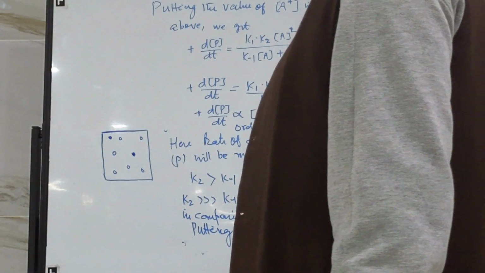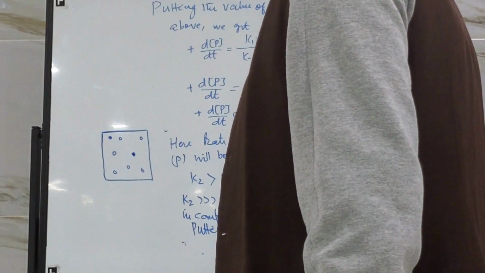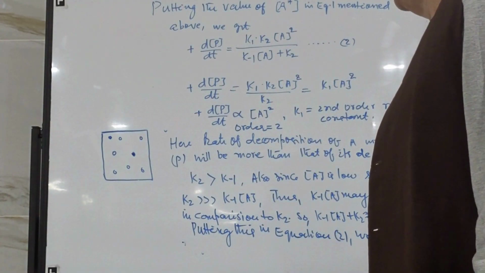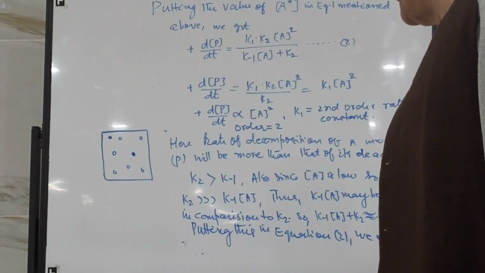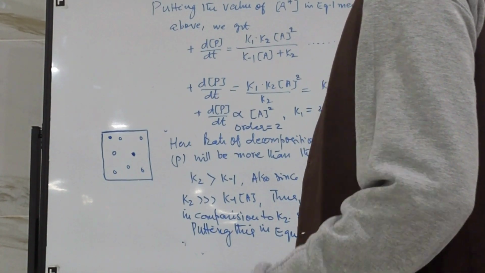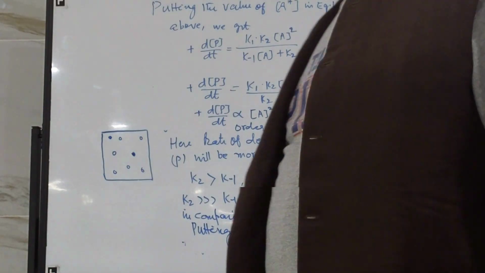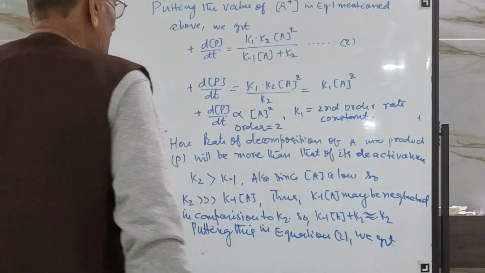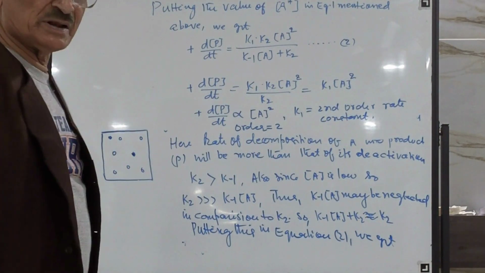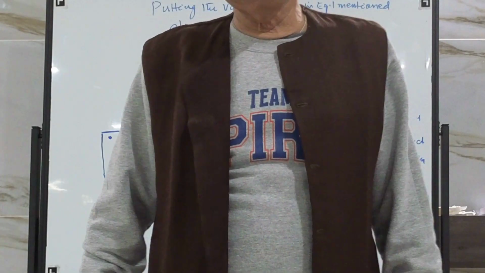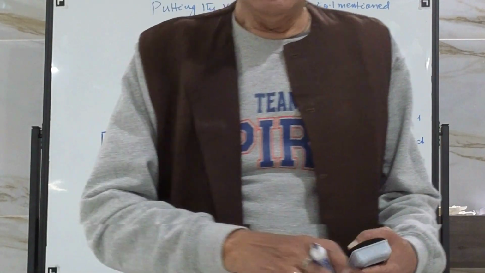And second, if the rate of decomposition of the activated complex into product is more than the rate of deactivation, then the reaction will follow second order kinetics. This is the Lindemann theory of unimolecular reaction.